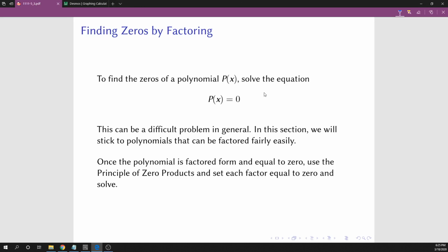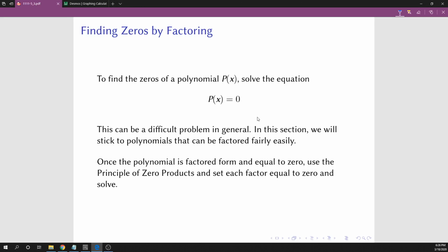We've solved linear equations, and we've solved quadratics using the quadratic equation. Those are the ways that you would find the zeros of a linear or a quadratic function. Basically, to find the zeros of a polynomial, you set it equal to 0 and then solve that out.